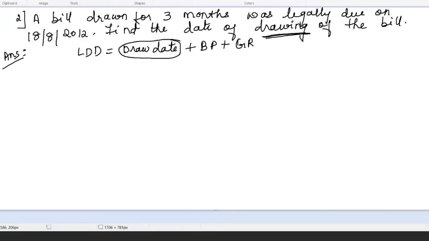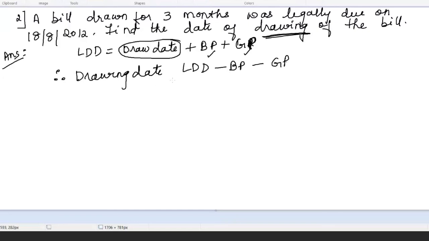So shift the bill period and grace period to the other side. So drawing date will become legally due date, and you have to be careful, now it is not plus, it is minus bill period minus grace period. So be careful when you write.